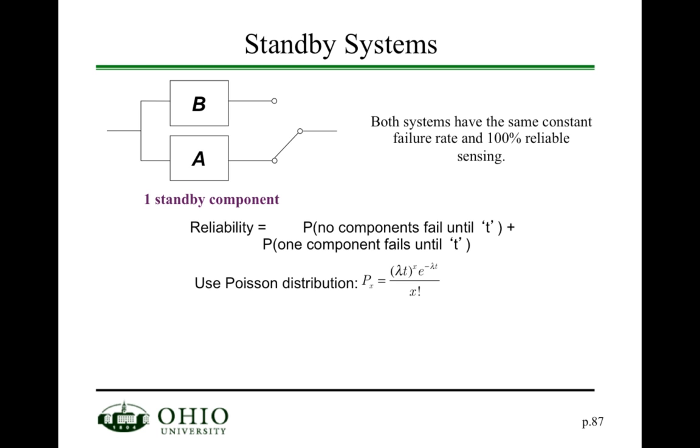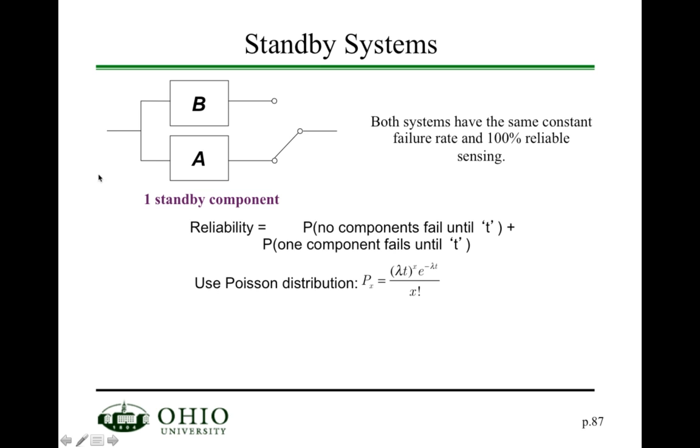Another way of fault tolerance that's often introduced is what I call standby systems. For example, for one standby component, you see it over here. A works all the time, except when it fails, the switch detects this failure and switches automatically to the B system.